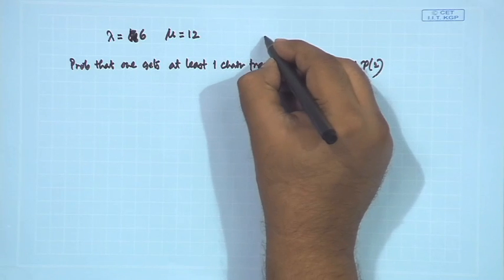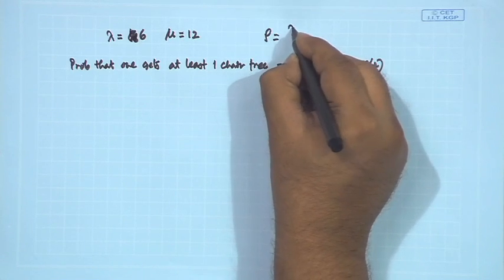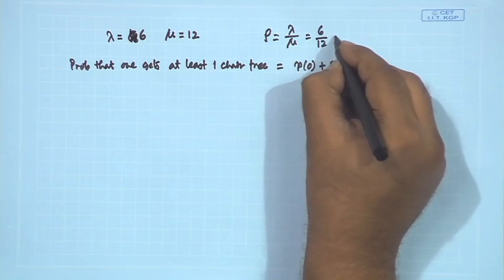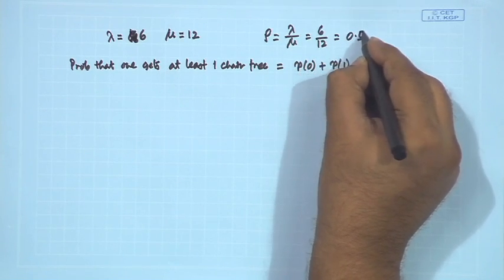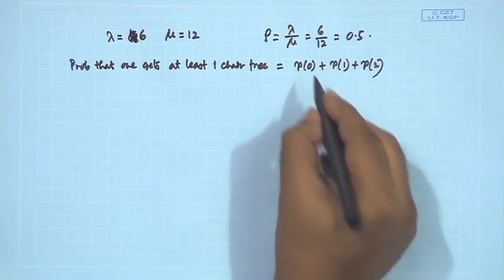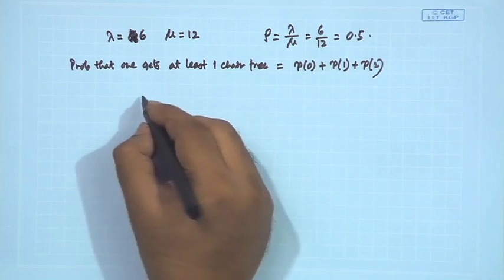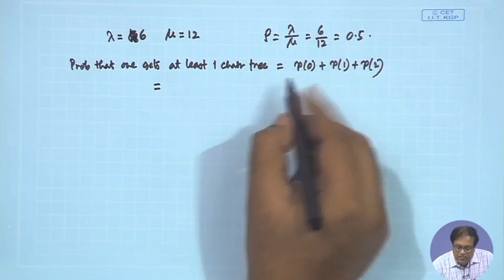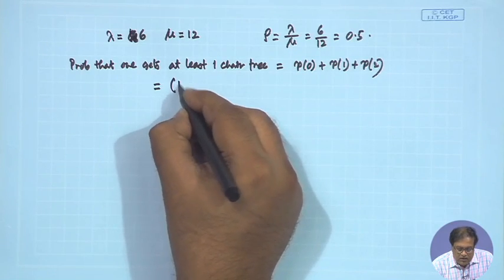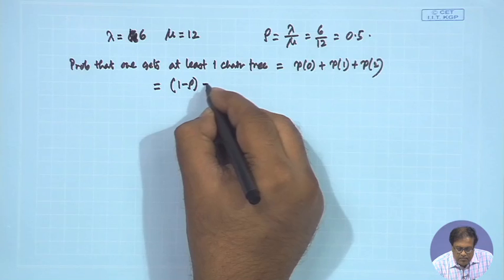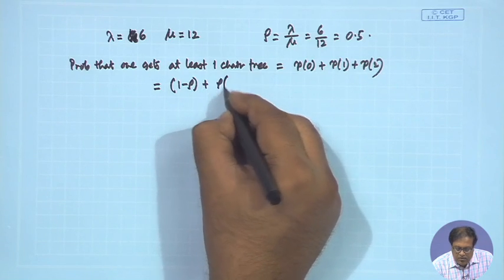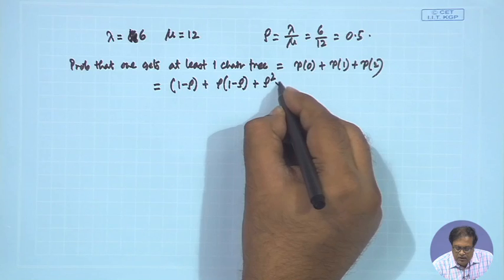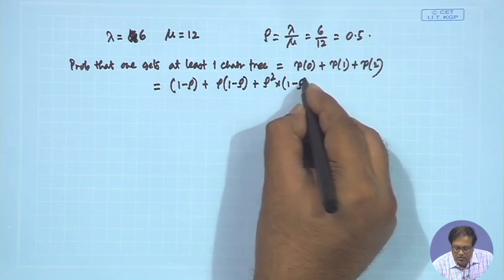What is rho? First of all, rho equal to lambda by mu equal to 6 by 12 equal to 0.5. What is this value? P0 plus P1 plus P2: P0 is 1 minus rho, P1 is rho into 1 minus rho, and P2 is rho square into 1 minus rho.